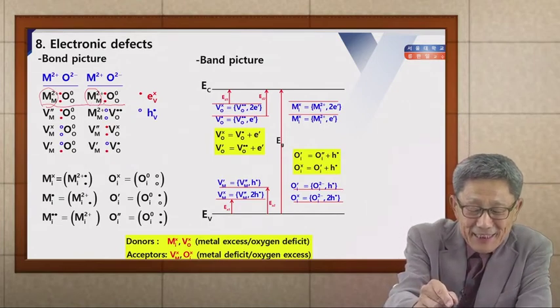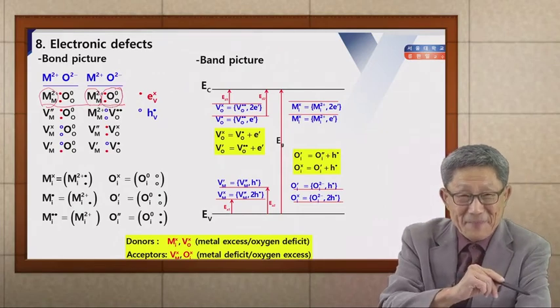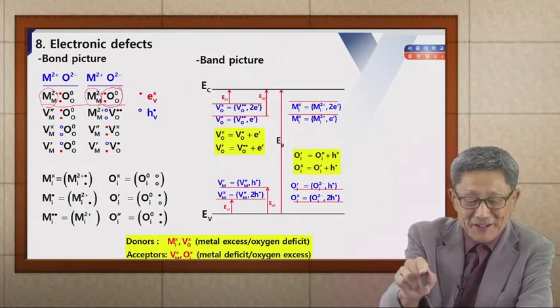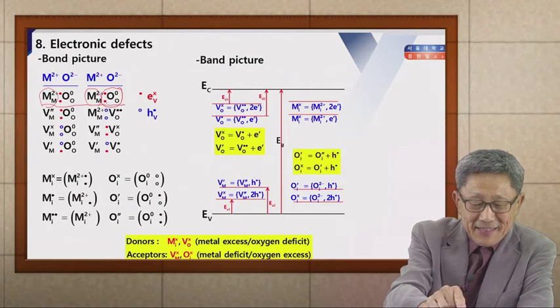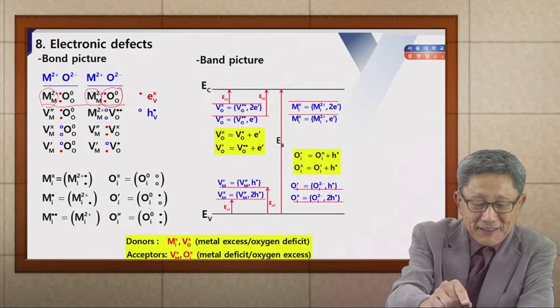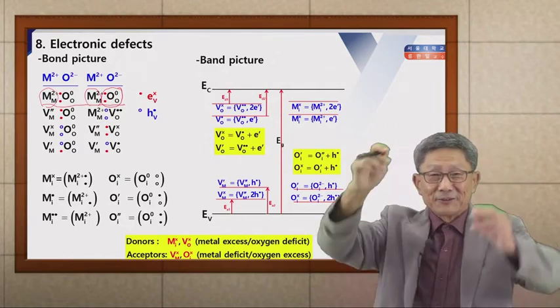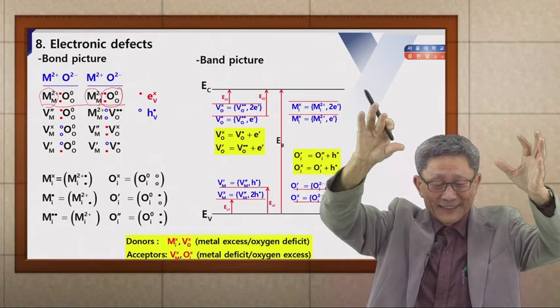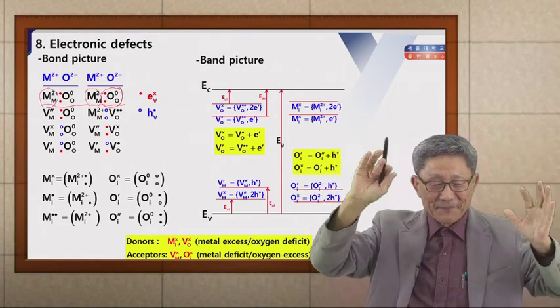And including these two electrons, this makes neutral oxygen. This is the ideal crystal. So this is the valence electrons sitting on the valence band. Now around the metal ion, you have empty electron sites, which make the conduction band.